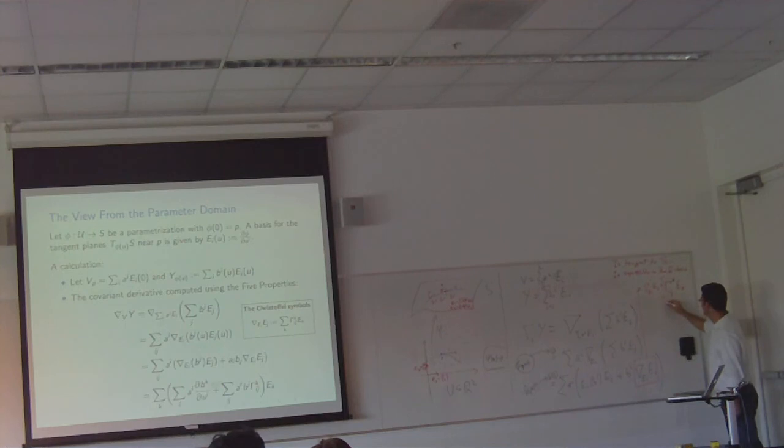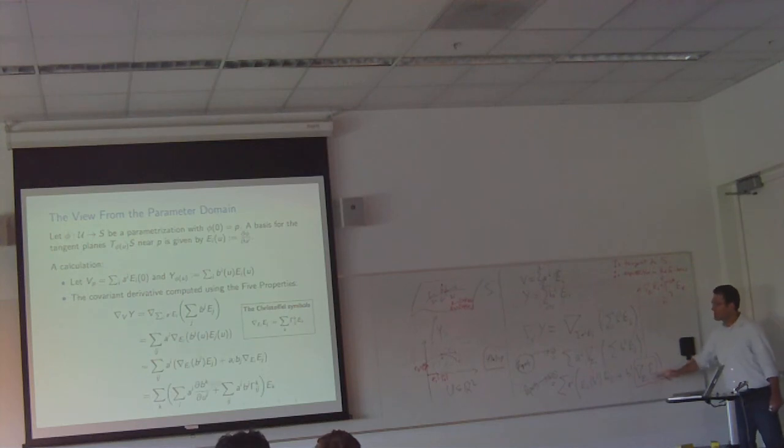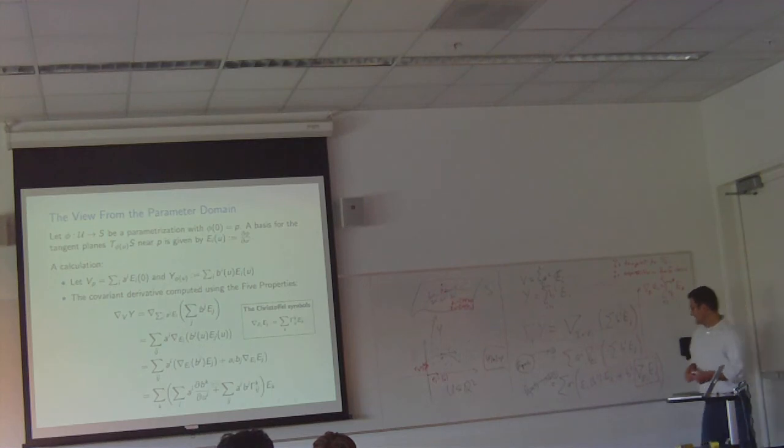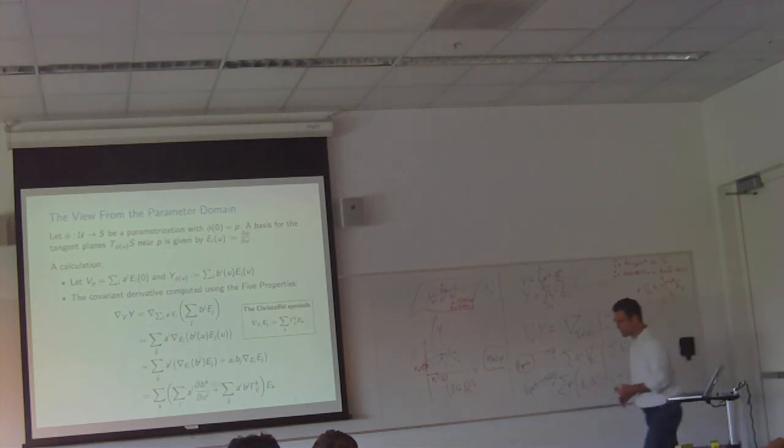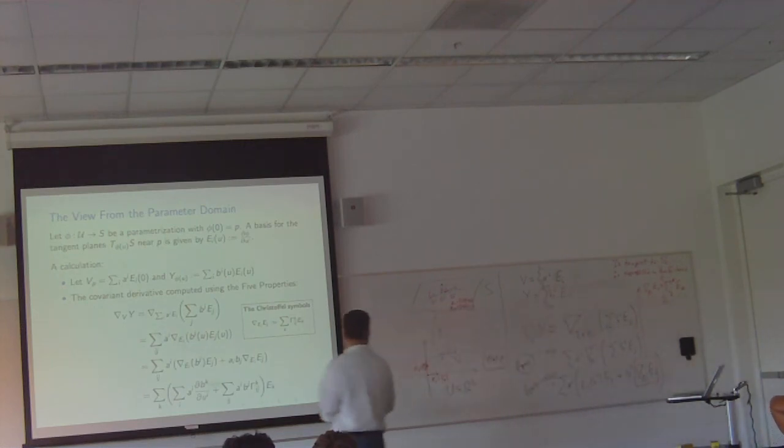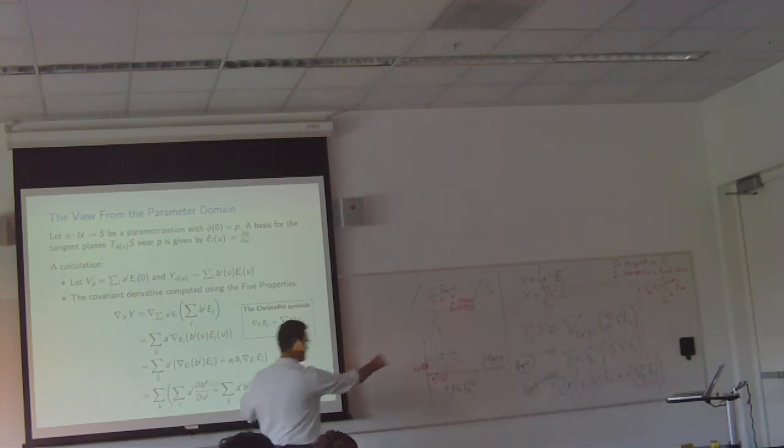So this is summation k from 1 to 3. Okay, so this business here gets replaced by the Christoffel symbols. I guess this is my formula.